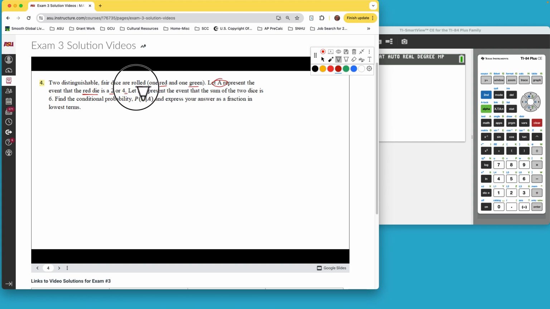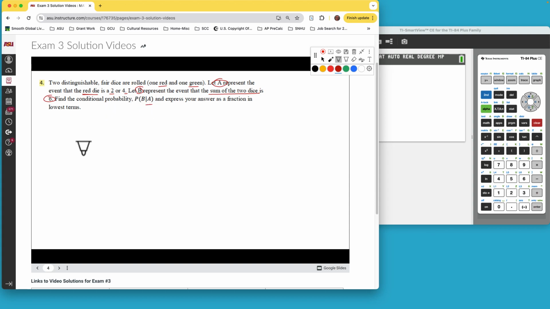Then B is the event that the sum of the two dice is equal to 6. And then we want to find the conditional probability of B given A. So we know A has happened, and we want the probability of B.